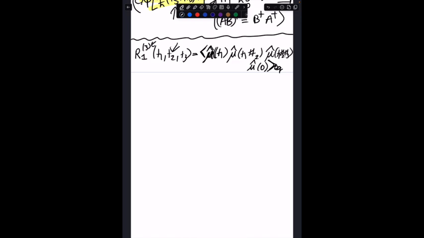So we calculate this. Let's start off with calculating R1. Then we calculate R2, R3, and R4 similarly. Just to remind you one last time, we're calculating it for the simple two-level system.